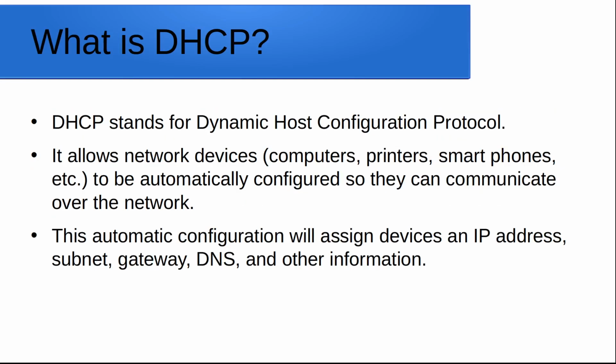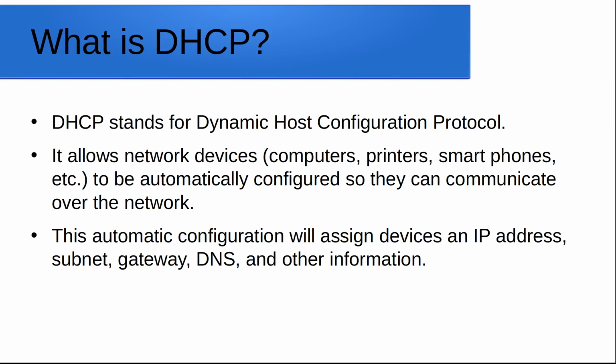So we mentioned what it stands for. It does exactly what it says on the slides. It lets you auto-assign IPv4 addresses to devices so they can be accessible and access other resources on the network.